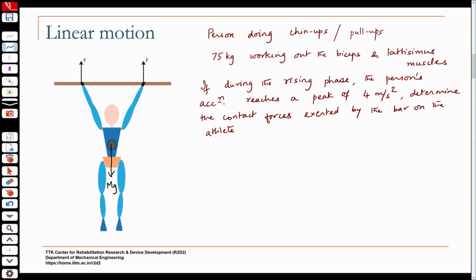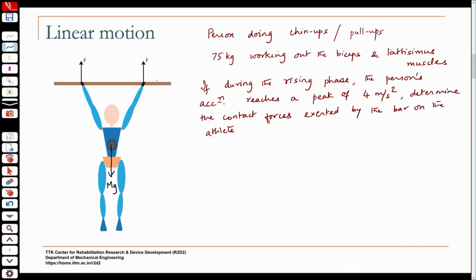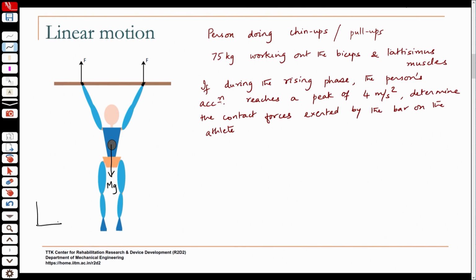There are no horizontal external forces, so there will not be any horizontal reaction forces. So, sigma Fx equal to 0 is already there. There is no acceleration happening in the x direction. This person has an acceleration of 4 meter per second square at the instant that we are interested in.